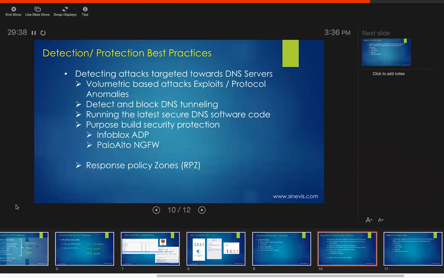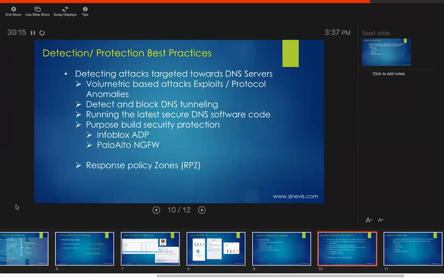Second one is DNS tunneling. Still, a lot of organizations are facing this problem. They're not able to detect and block DNS tunneling. Some organizations may have workarounds to detect DNS tunneling using IPS or firewall, but once you start to block, it blocks legitimate traffic as well, because those solutions were not purpose-built to do deep packet inspection of the DNS protocol and block DNS tunneling specifically.